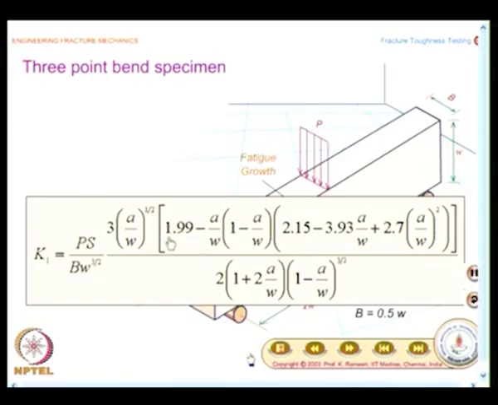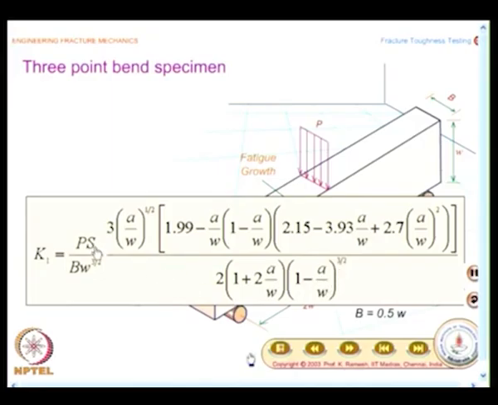This is multiplied by 1.99 minus A by W into 1 minus A by W into 2.15 minus 3.93 A by W plus 2.7 A by W whole square, divided by 2 into 1 plus 2 A by W multiplied by 1 minus A by W whole power 3 by 2.